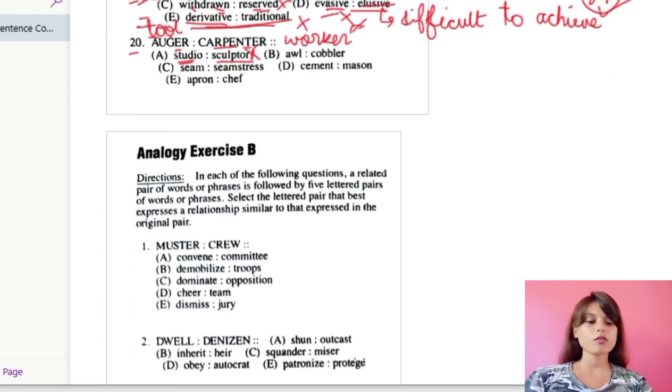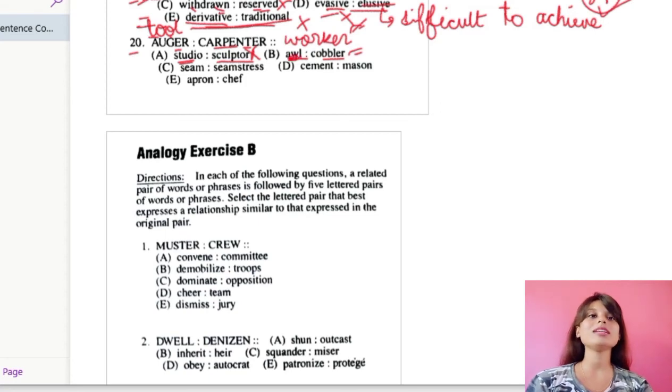Let us move over to option B, awl and cobbler. Now awl means a small pointed tool which is used for piercing holes, and as you know, a cobbler is a person who mends or repairs shoes, and sometimes he makes those holes in order to repair our shoes. So with this tool he does the work, that is awl.